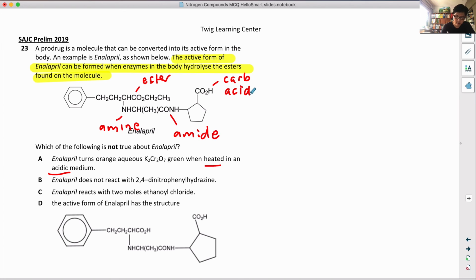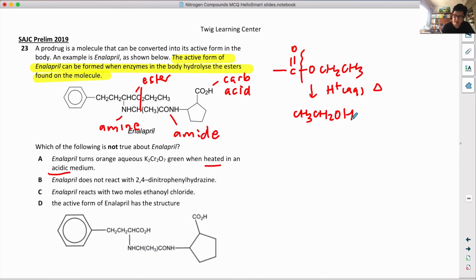When there's heat and acid, it will hydrolyze the ester. It's C double bond O, O, CH2, CH3. So the ester will undergo hydrolysis because of the acid and the heat. This one will become CH3CH2OH.